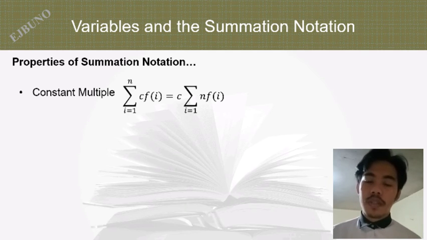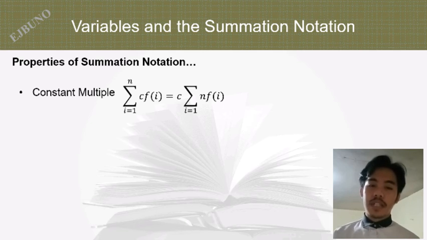For example, c is 8 and n, the upper limit, is 5. The long sum would be 8 plus 8 plus 8 plus 8 plus 8. Instead of rewriting that, we can just write 5 times 8.